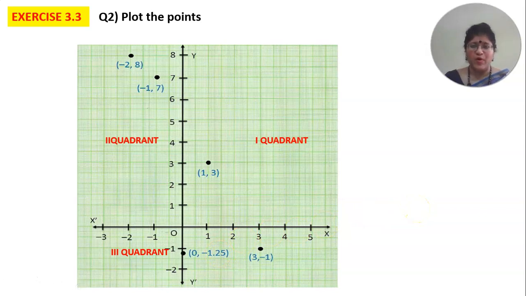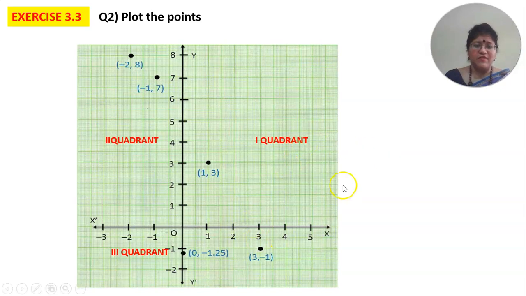This is 3.3, question number 2, wherein you have to plot the points on the graph. But plotting of these points on the graph will not be asked in the periodic. But yes, you could get a question where a graph, a Cartesian plane, is given to you, and they may ask you to write down the position of that point.